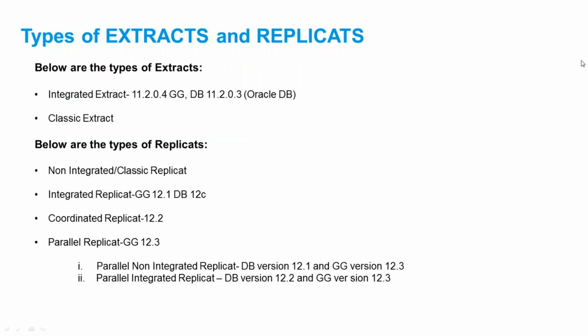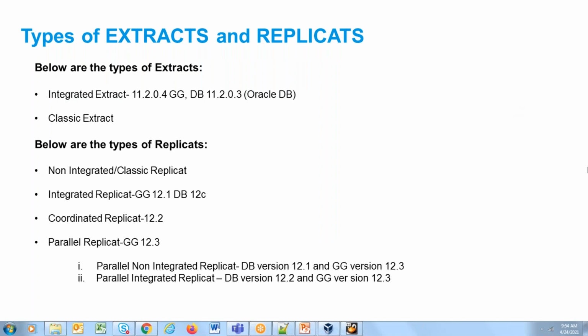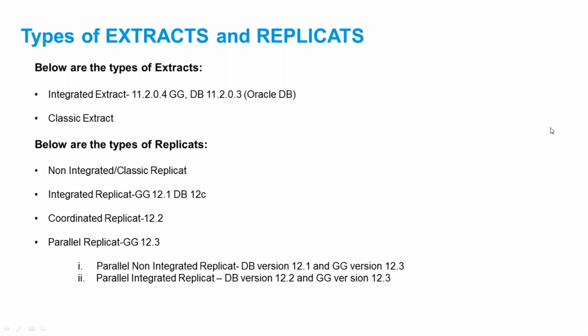So integrated is a type of extract and replicate. There are different types of extracts available: integrated extract and classic extract. Integrated extract is available from Oracle Golden Gate version 11.2.0.4 onwards and Oracle Database 11.2.0.3 onwards.